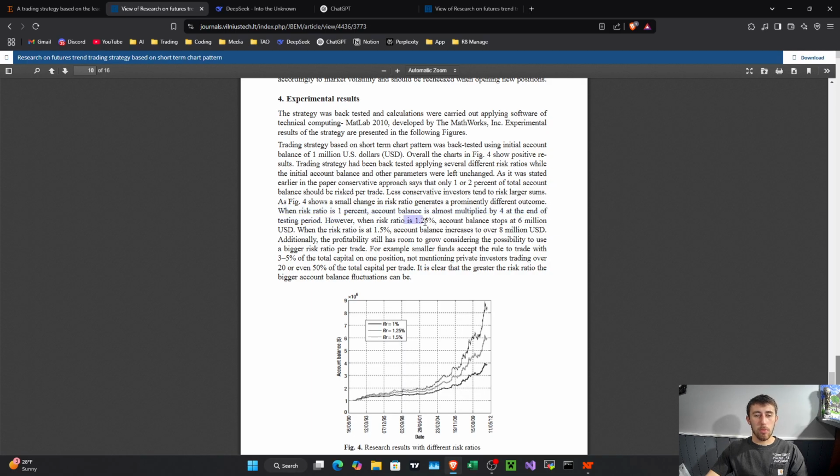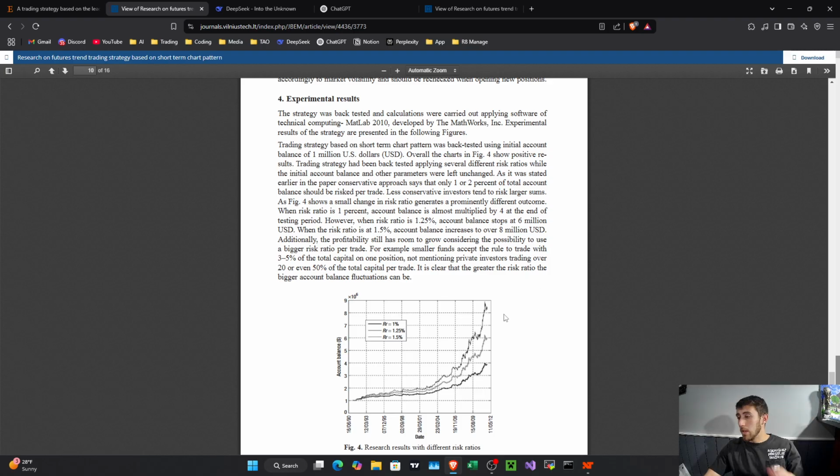But when you risk 1.25, account balance stops at 6 million US dollars. Where do those dollars come from? Okay, so we start with initial 1 million. And it was 1.5%, we start at 8 million.